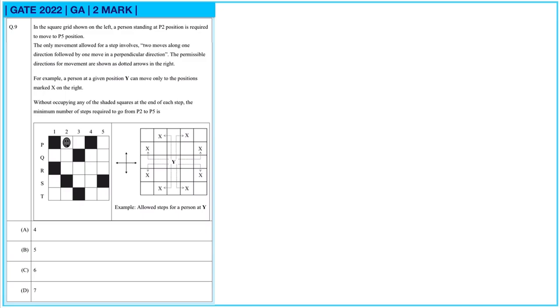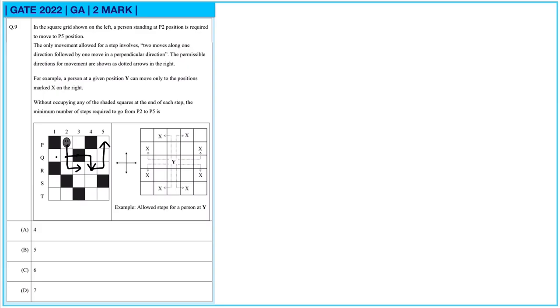Now from here, if we start, then the only way possible is to go here. And we have to reach this point. So we cannot reach from this point because this is a shaded one. So the only way is to go from here to here. Now to reach this point, we can go from here. I'm backtracing the path.